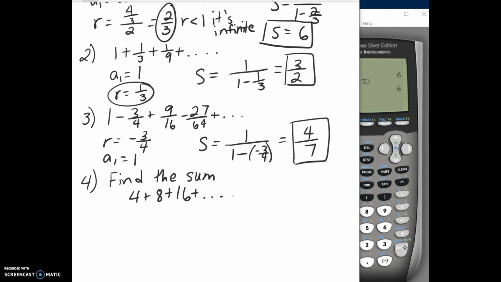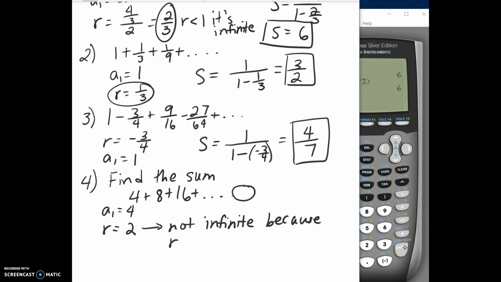In this situation, our first term is 4, and your common ratio is 2. We need a last term to come up with the sum. This is not infinite because it is not in that range of -1 to +1. So the sum for this would technically be infinite, but it really doesn't exist.